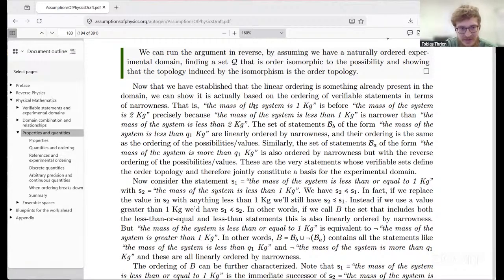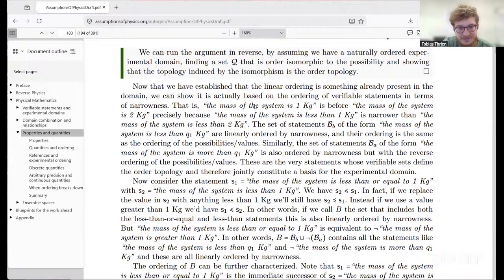Instead, if we use a value greater than 1 kilogram, we will have the opposite relationship. In other words, if we call B the set that includes both the less than or equal and less than statements, this is also linearly ordered by narrowness. But "the mass of the system is less than or equal to 1 kilogram" is equivalent to the negation of "the mass of the system is greater than 1 kilogram."